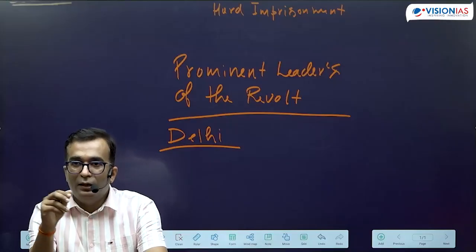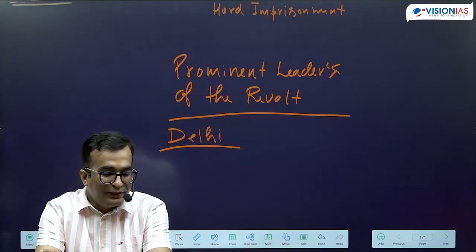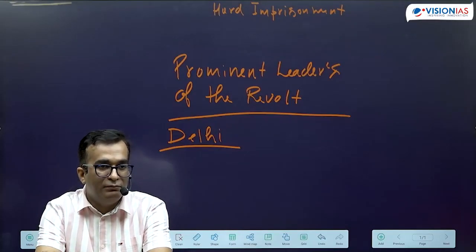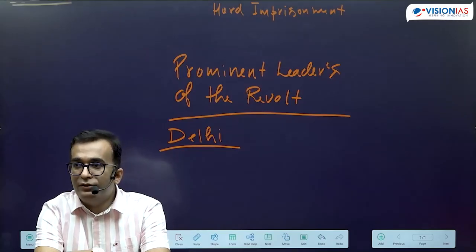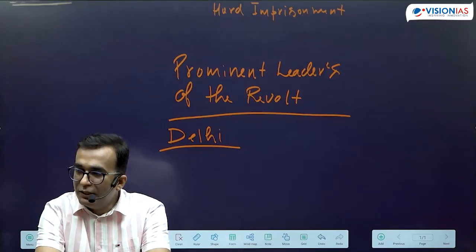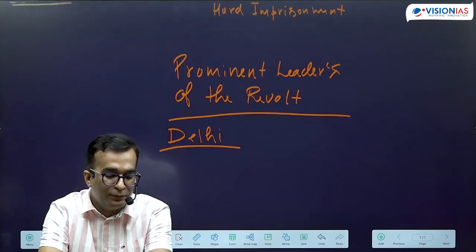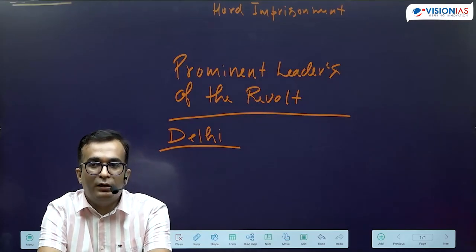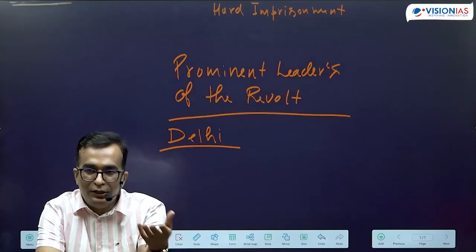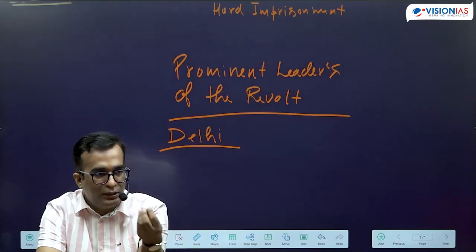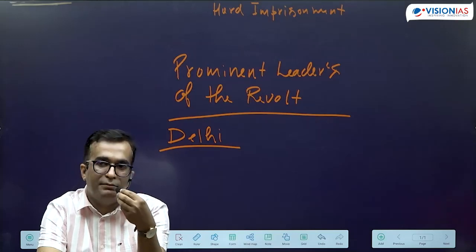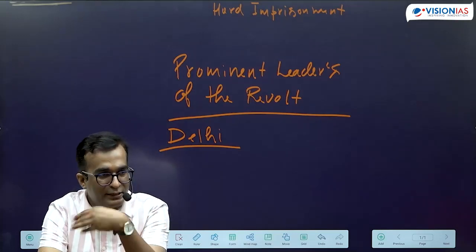But when it comes to Bahadur Shah, in the final episode when we talk about him, when the revolt was suppressed and he was arrested, after his arrest he pleaded to the British authority that since he was the one who gave authority to this mutiny, he is the culprit and can be given any punishment acceptable to him.